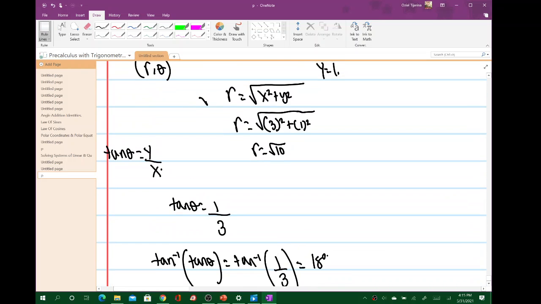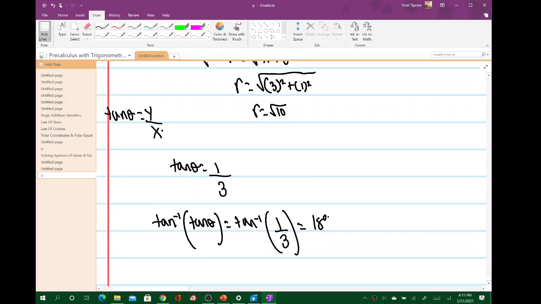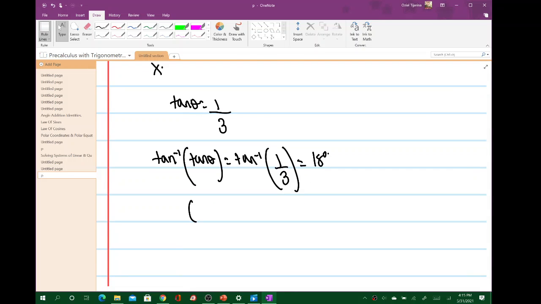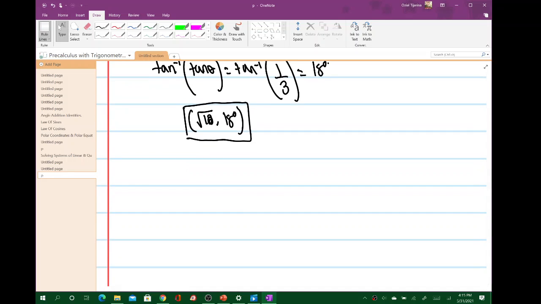So our coordinate in r, theta, because we have r equals the square root of 10 and theta is 18 degrees, this would be our polar coordinate. Now let's say they want the angle in terms of radians, right? You convert the degrees to radians by multiplying times pi over 180.